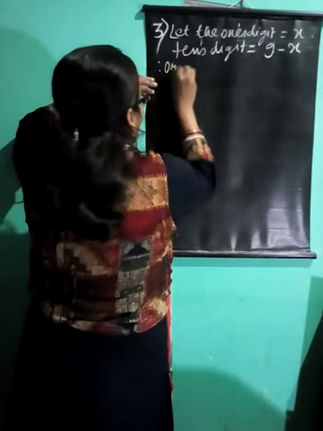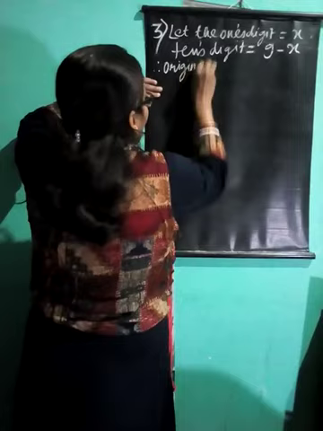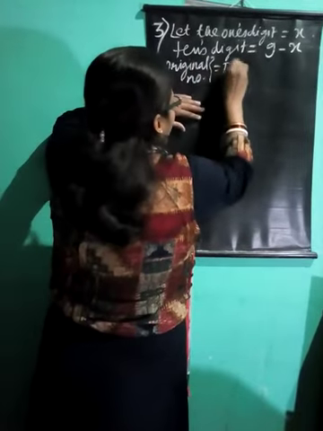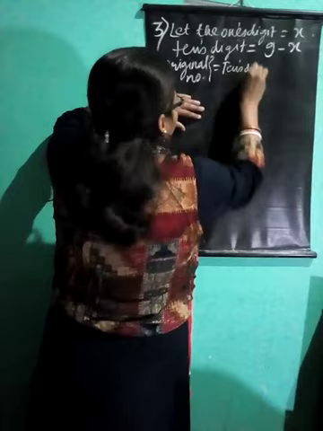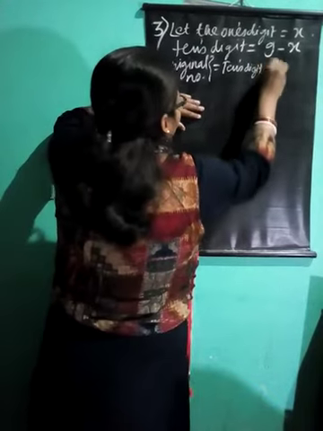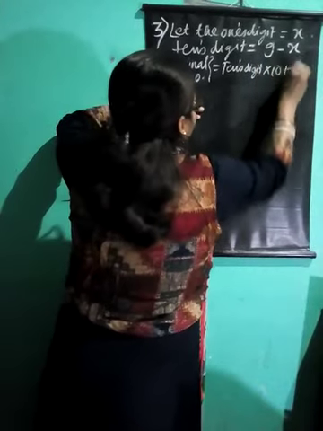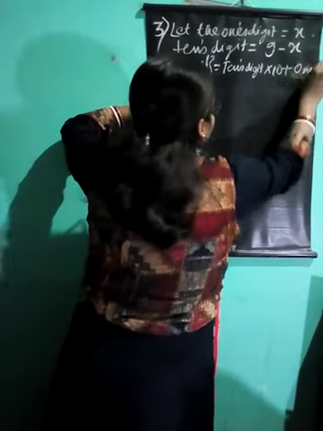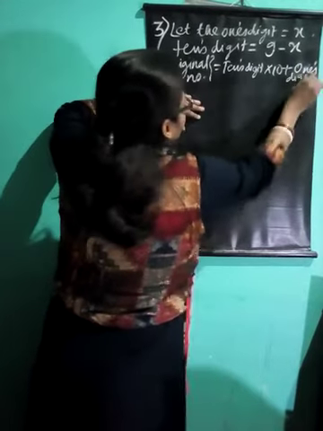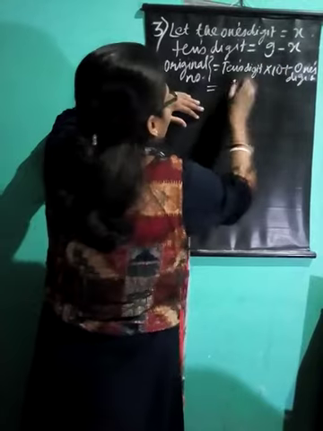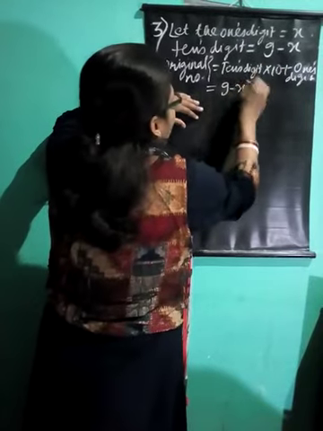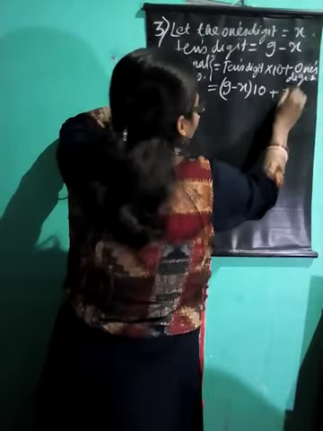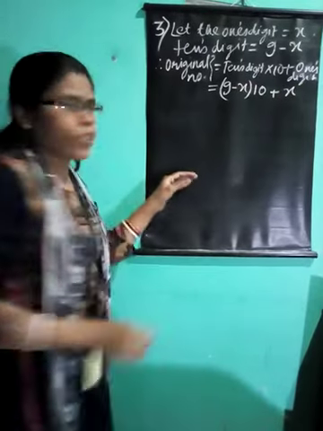Therefore, the original number is equal to, I told you the formula, tens digit into 10 plus ones digit. So what is your tens digit? Your tens digit is 9 minus x. So 9 minus x into 10 plus ones digit x. So this is your original number.